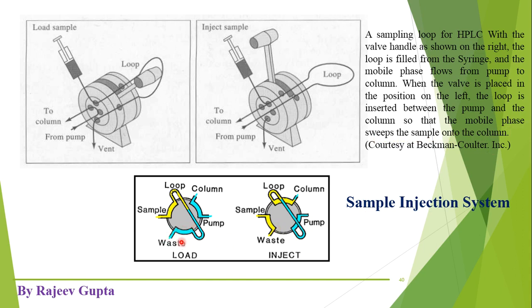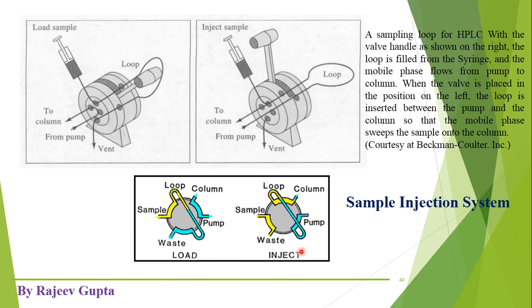Now this diagram we can also use to show loading and injecting of the sample. Loading means where we inject our sample from a syringe, a micro syringe or another type of syringe into the sample loop.